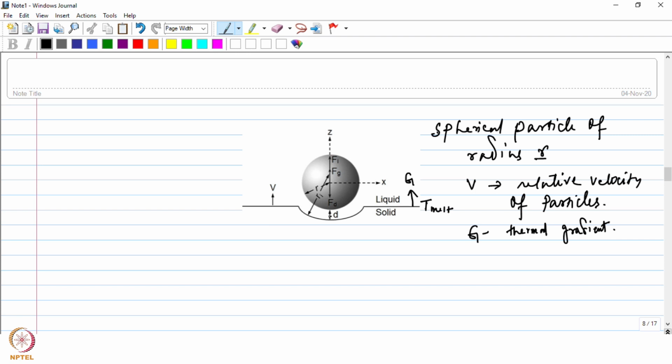And the separation between the interface and the particle at x equal to 0 is d.